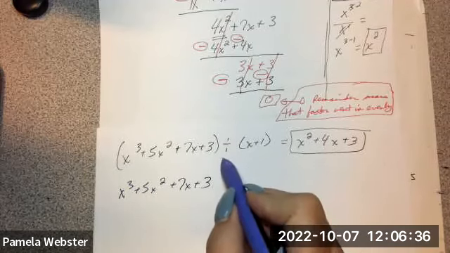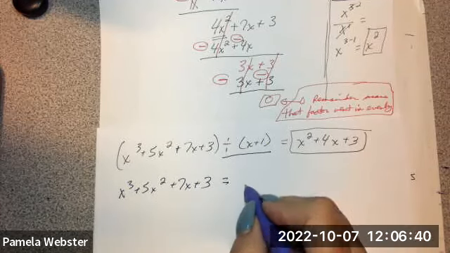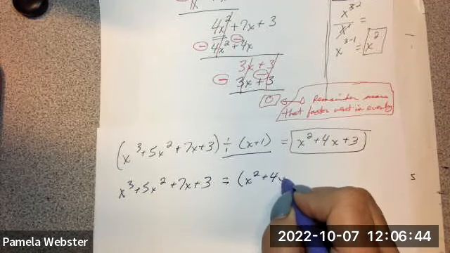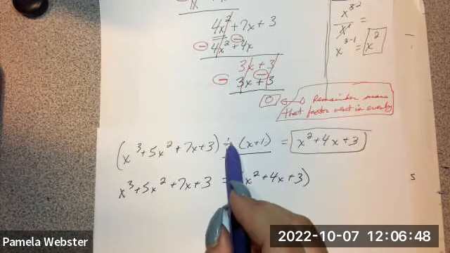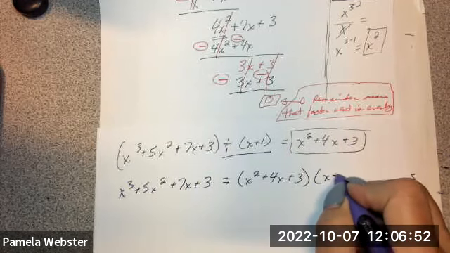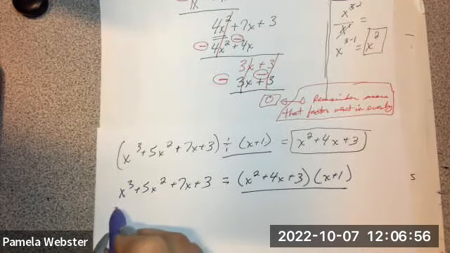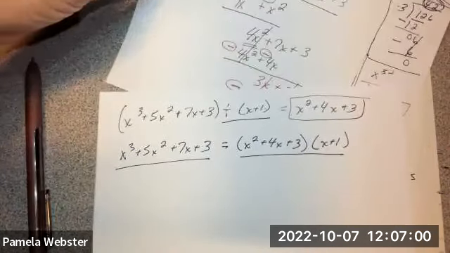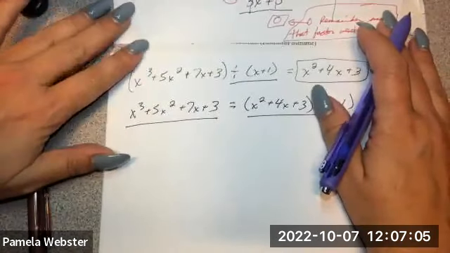What we're saying is I divided by this guy, but I can rearrange this so that it looks like whatever my answer was, x squared plus 4x plus 3 times, because the opposite of division is times, so I can multiply this and get it on the other side, times the x plus 1, okay? This is this guy factored, okay? And I did it by doing long division. All right, that's what I was after, yay.